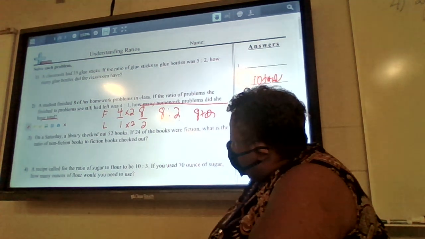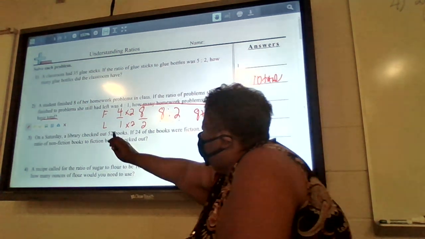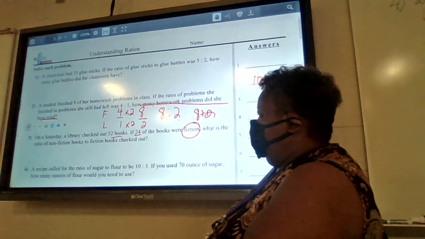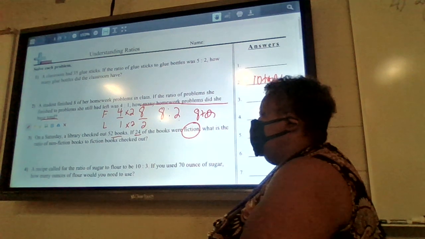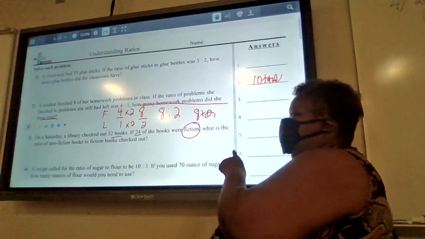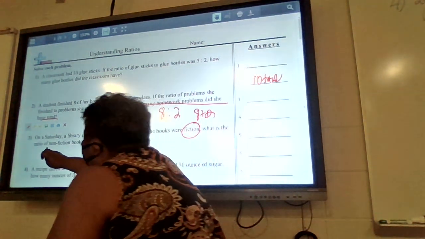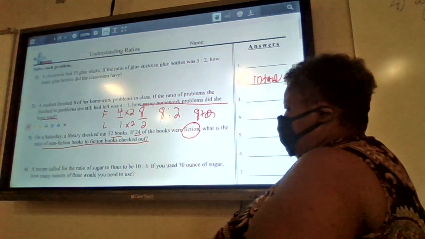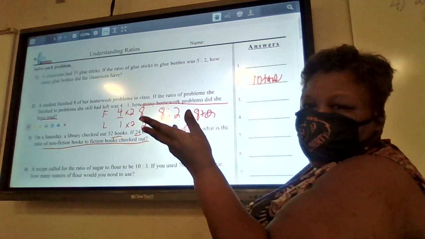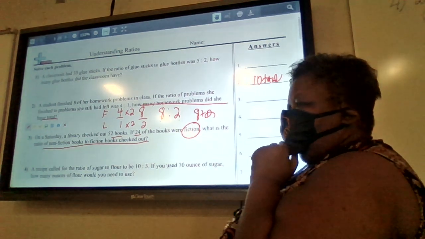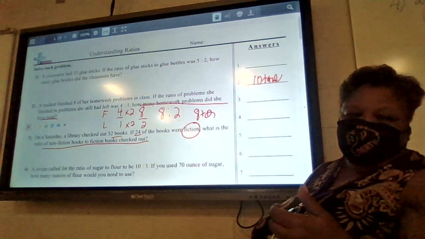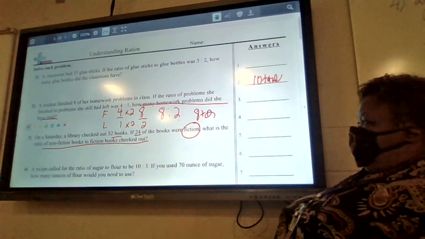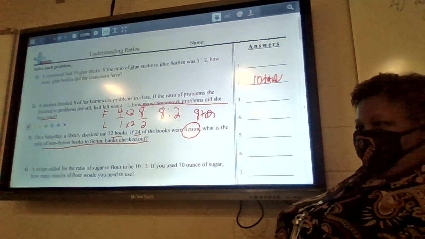Okay, on the Saturday, a library checked out 52 books. 24 of the books were fiction. What is the ratio of nonfiction to fiction? So we want the ratio of nonfiction to fiction. We have the fiction, 24 were fiction, 52 books total. How do we find out how many nonfiction? What are you gonna do?